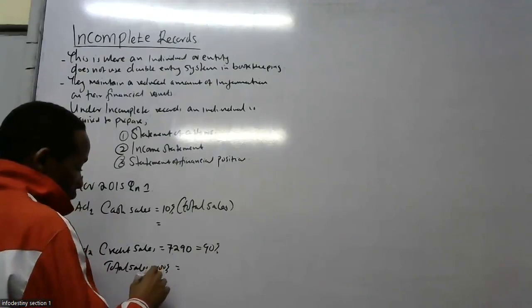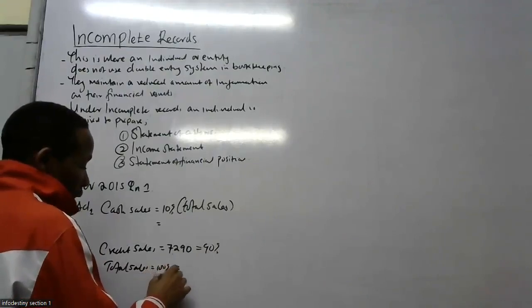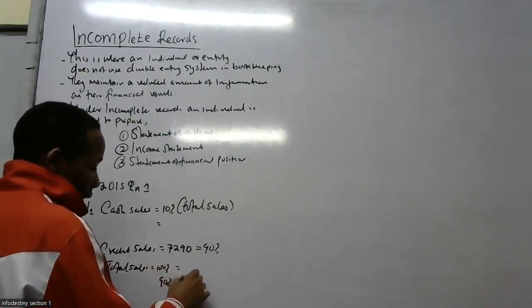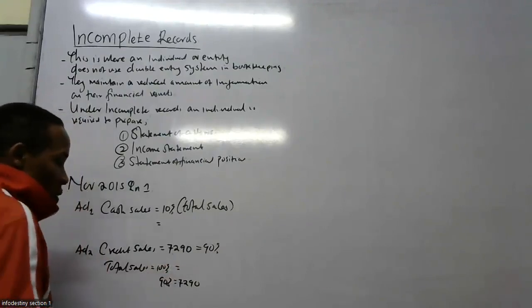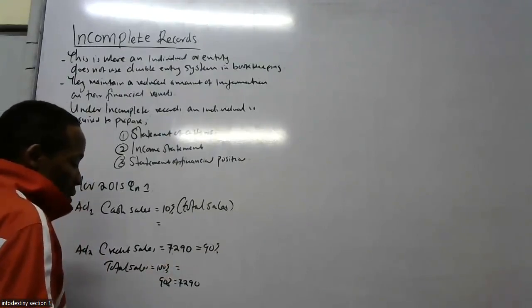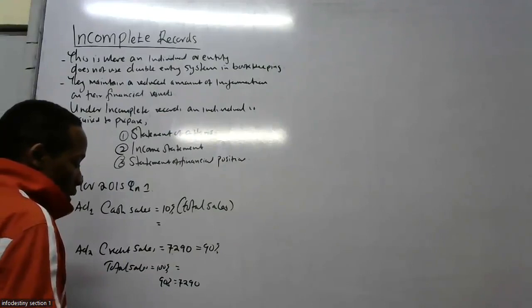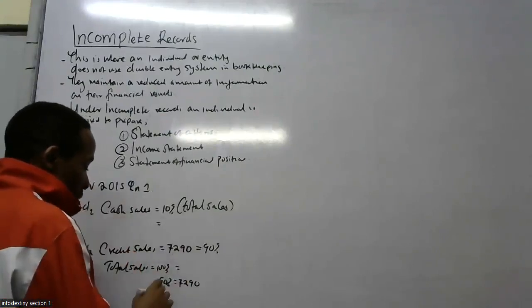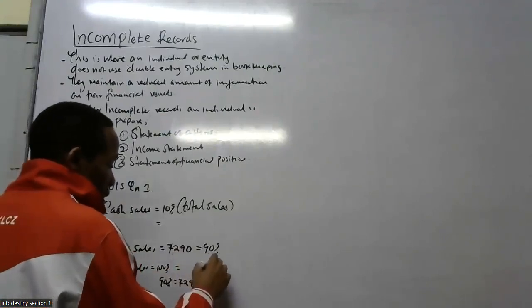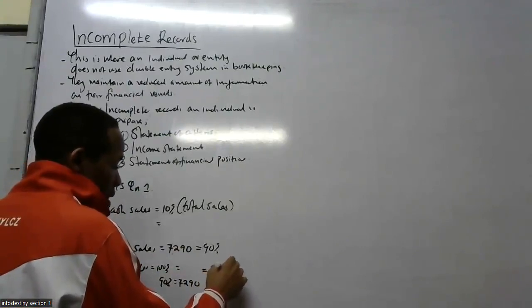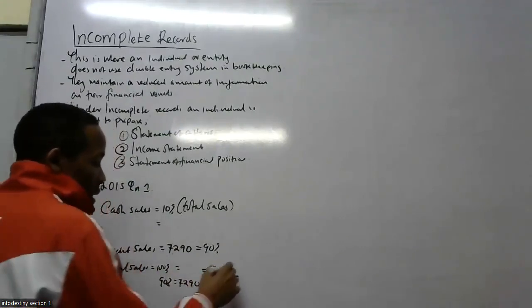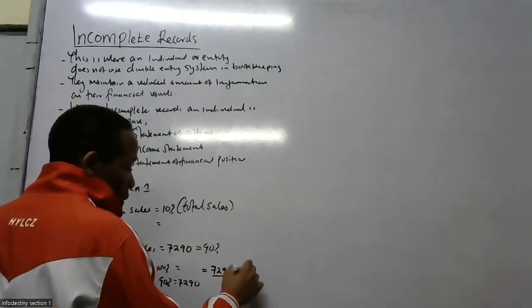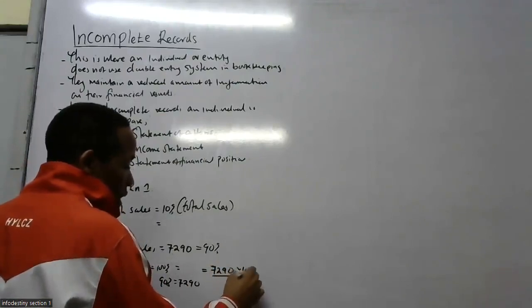If 90% equals 7290, then total sales will be 7290 multiplied by 100 divided by 90.